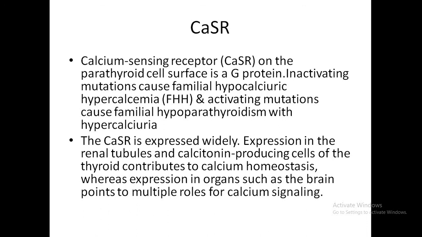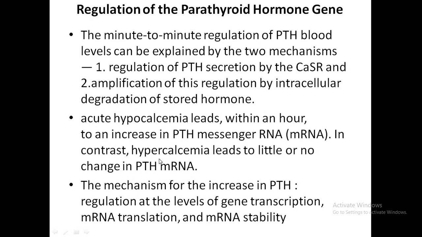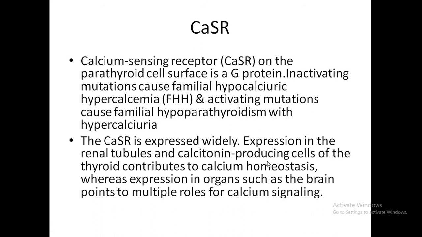CSR is widely expressed, in renal tubules and also in the calcitonin producing cells of the thyroid, and this CSR contributes to calcium homeostasis. It's also expressed in organs such as the brain, and it could point to different roles of calcium signaling in the CNS.